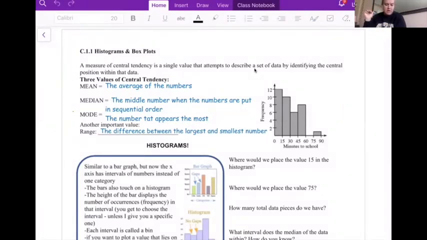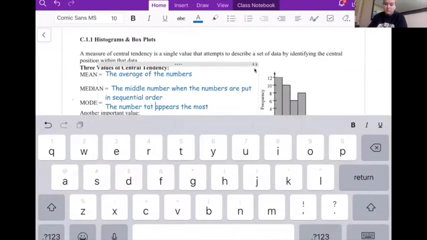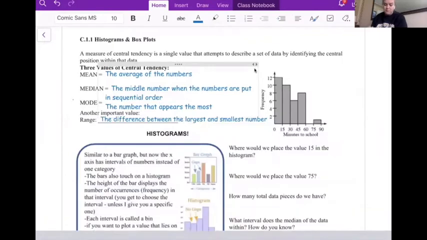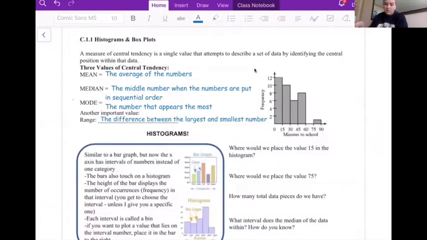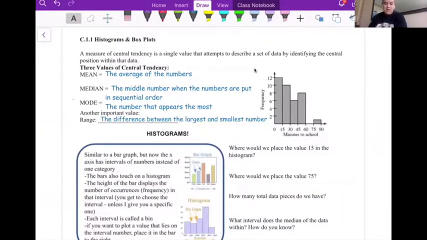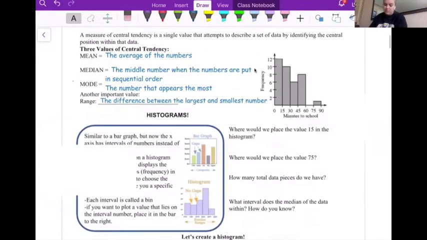And then the mode should be the number that appears the most. And then the range is the difference between the largest and the smallest number.